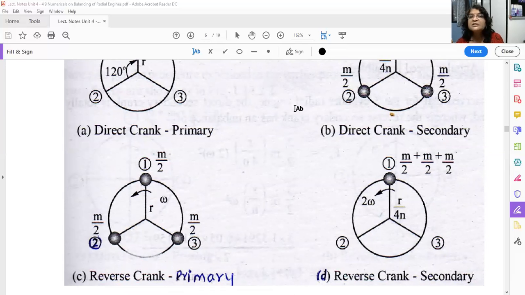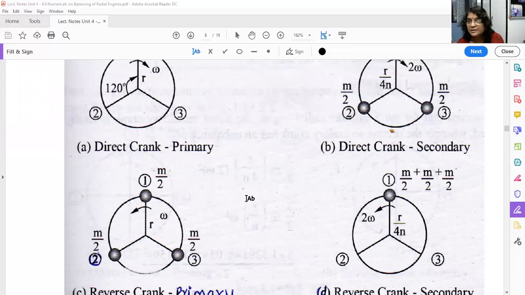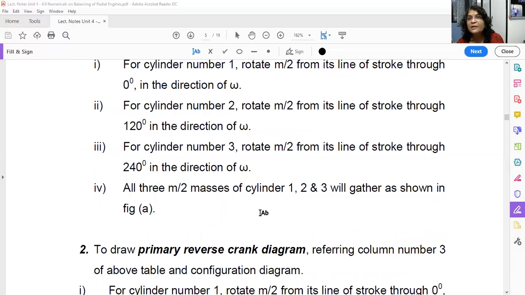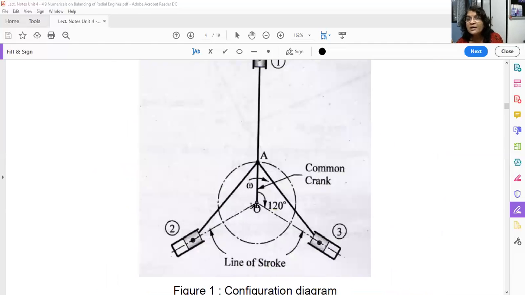And once you balance these forces, couples will automatically get balanced, because all these forces are acting in a single plane. See here, this is a single plane. Now here your shaft is perpendicular to your screen. So this is your shaft and this is your 1, 2 and 3 cylinders.